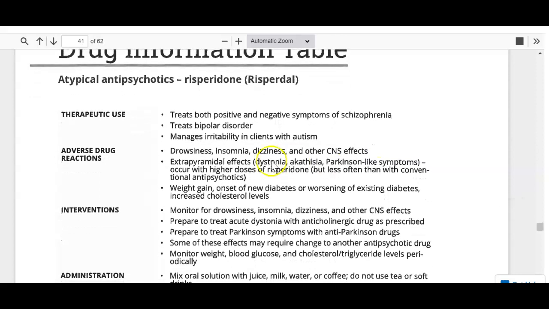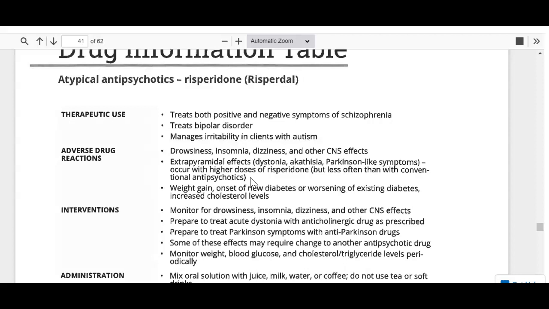They cross the blood-brain barrier, and they cause central nervous system depression. And it still has this extrapyramidal effect because it is suppressing dopamine. But the atypicals, unlike the conventional antipsychotics, suppress more serotonin than dopamine. That's why it can still have these extrapyramidal effects, but they're not seen as often as with the conventional antipsychotics, which suppress way more dopamine.